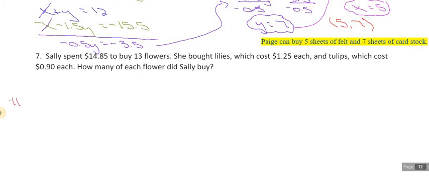So I'm going to list those out, and our two variables are going to be our types of flowers. So we've got lilies and tulips. So let's let x equal number of lilies and y equal number of tulips.